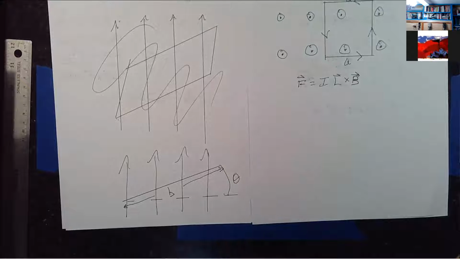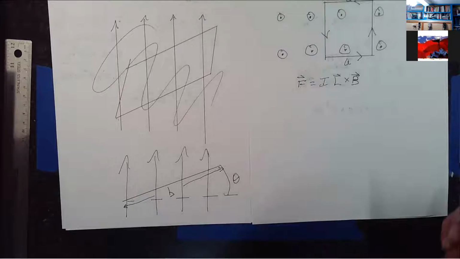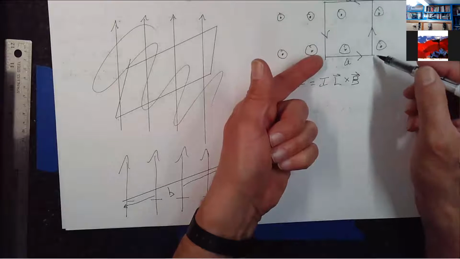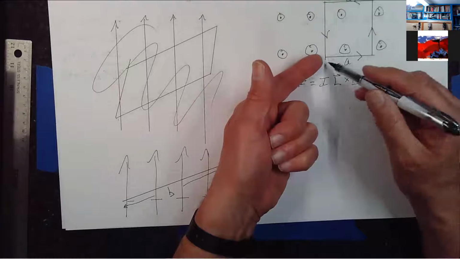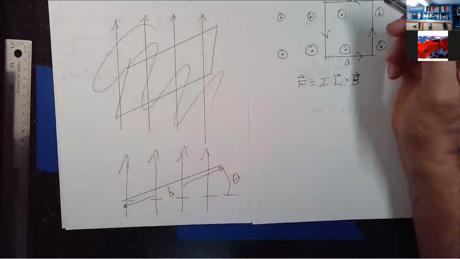Okay, so L is a vector that points in the direction of the current flow. So from this viewpoint, it's easy for me to consider the forces that are acting on the two that go to the right here and to the left there.